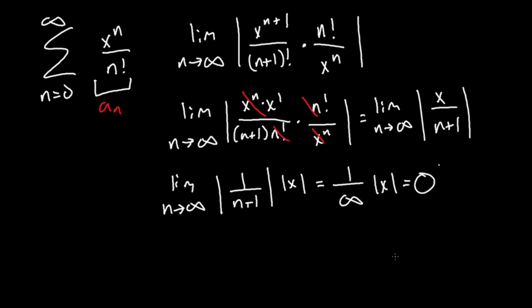Remember what we said: if the answer for your limit after the ratio test is equal to 0, then your radius of convergence is equal to infinity. Therefore, your interval of convergence, the values of x that cause your power series to converge, is negative infinity to positive infinity. So any real number for x will allow this power series to converge.